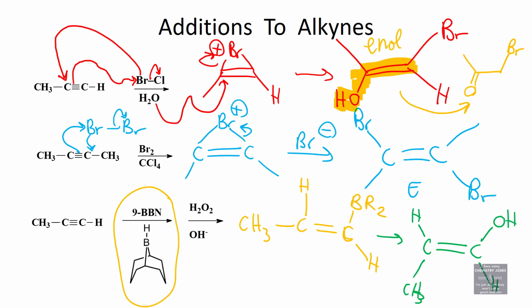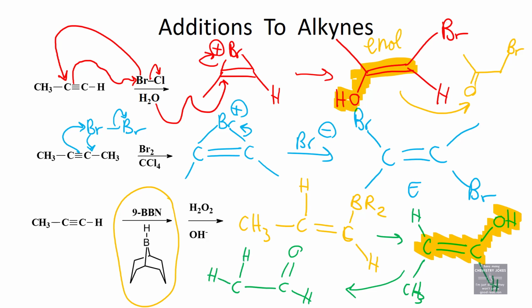But this is not my final product. Let me see if you can figure out why. Any ideas? Thoughts? That enol will tautomerize to make this aldehyde as a final product.